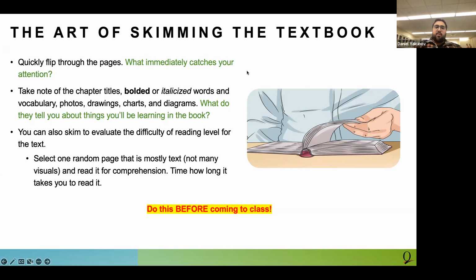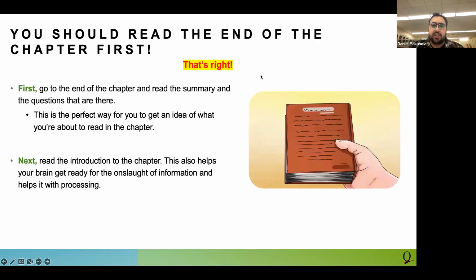Now, whenever you're done with your class, your lecture, and it's time for you to start studying, and you have to read a textbook, the first thing that I would suggest doing, and again, this works for me, I would actually go to the end of the chapter first and read the chapter summary, okay?